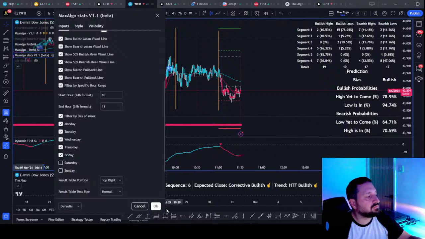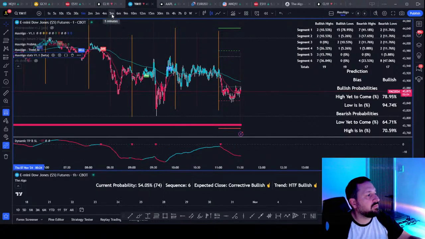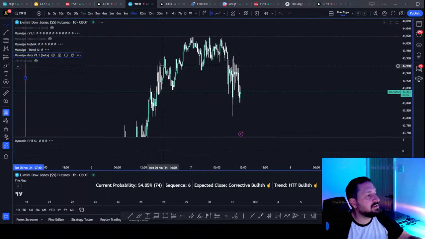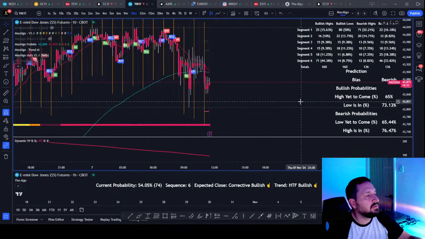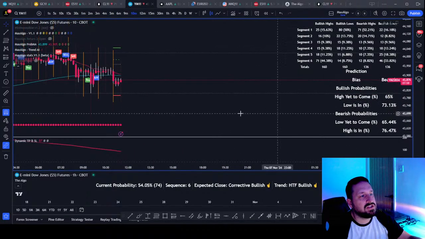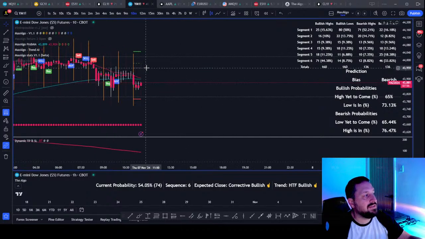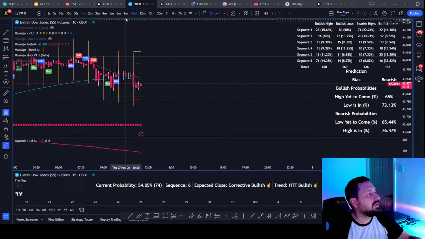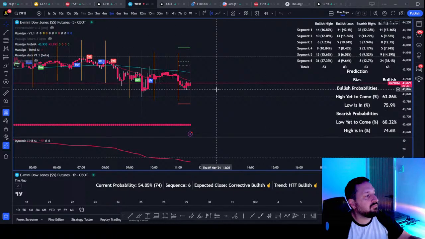There you go. So based on this specific hour, and let's go up to 10 minutes. So you can see based on 160 out this hour, here's our distribution manipulation levels, high probability. Obviously we'll go down to 5 minutes, make it easier to see.